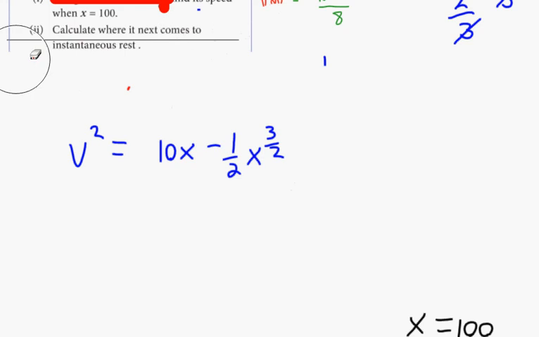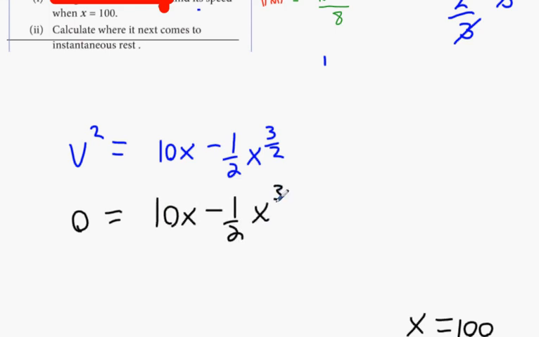Now, calculate when x comes to instantaneous rest. v equals 0, so it's going to be 0 squared, hence 0. It's going to be 10x minus a half x to the power of 3 over 2. We're going to take out a factor. What factor can we take out? Take out x.